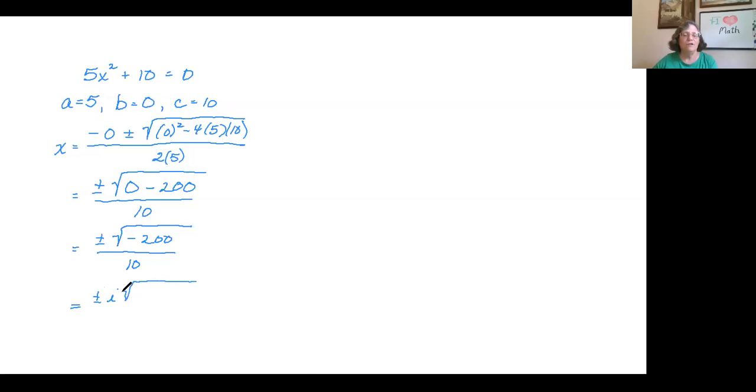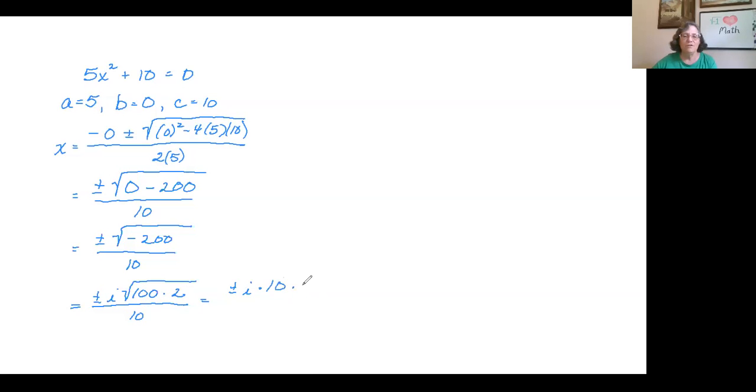And I just have to worry about how to reduce the square root of 200. Well, actually, I can write 200 as 100 times 2. That would be the best thing. So I've got plus or minus i. The square root of 100 is going to be 10.